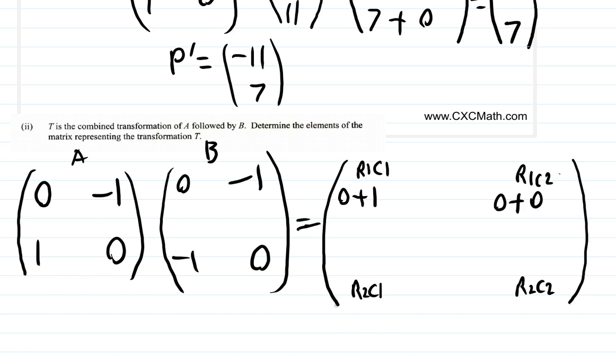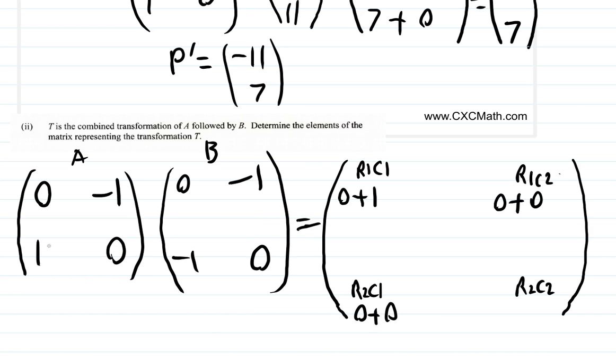So you have that. Then after that, you're going to have row 2 by column 1. 1 times 0 is 0, plus 0 times negative 1 is 0. And then row 2 by column 2.